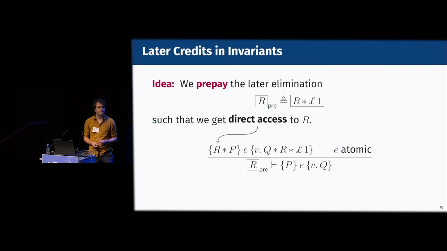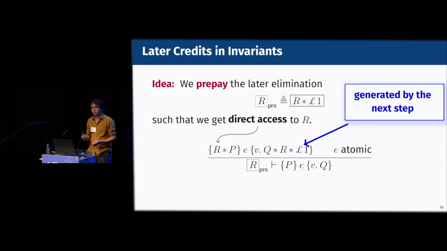The idea is relatively simple. We build a new kind of invariant that stores the contents that we want and a later credit. And then when we open that invariant, we have that later credit in hand, so we can use it for later elimination, which means we get direct access to the contents of that invariant.